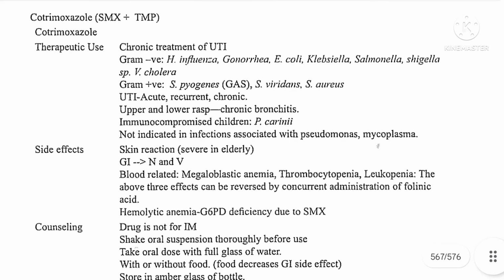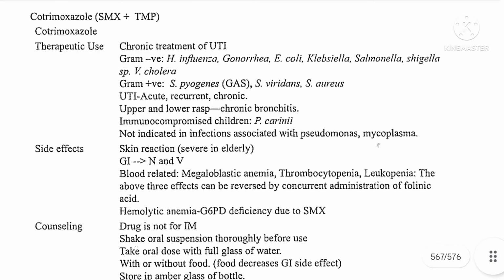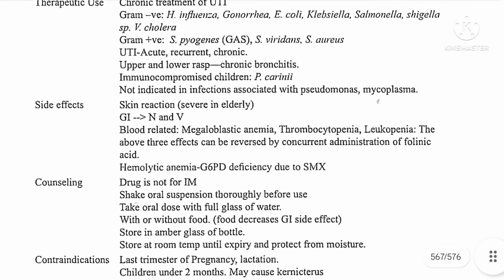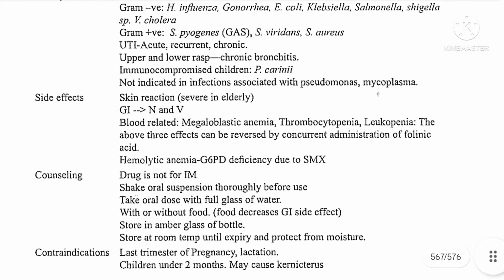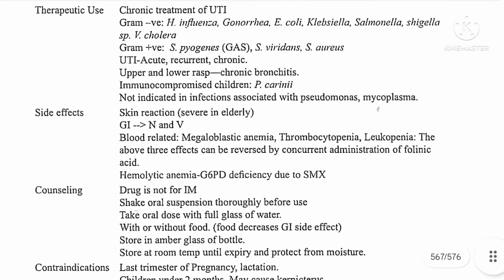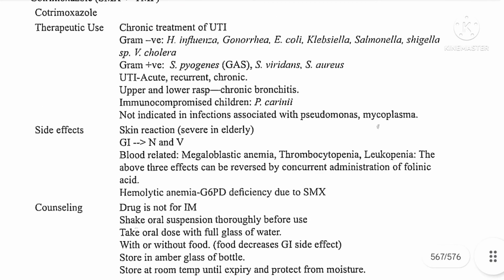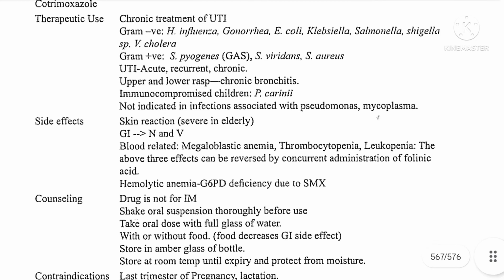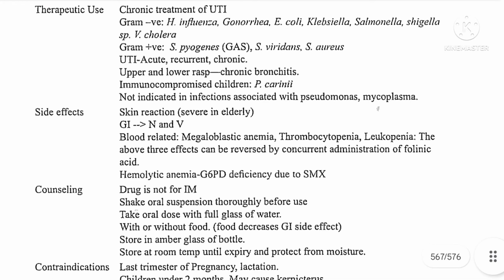Gram-positive species, as you can see: UTI, acute, recurrent, chronic upper and lower respiratory, chronic bronchitis, immunocompromised children. Not indicated in infection associated with Pseudomonas and mycoplasma. So what is an important and unique point of this drug? Cotrimoxazole is used in immunocompromised children.